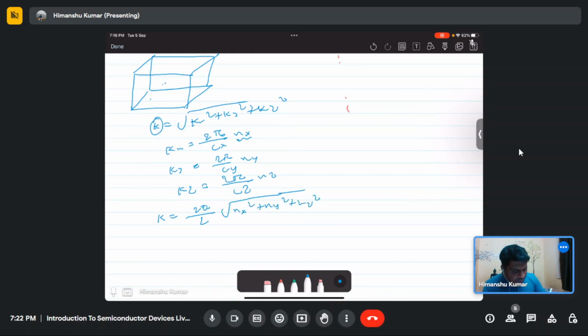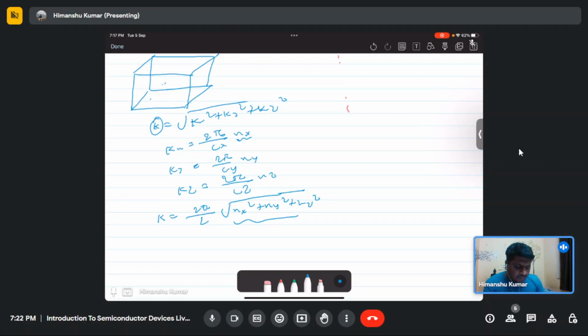Here nx is the number of half waves, or the number of modes possible, so it is basically the number of electrons you can fill at each level. This equation is similar to the equation of a sphere.